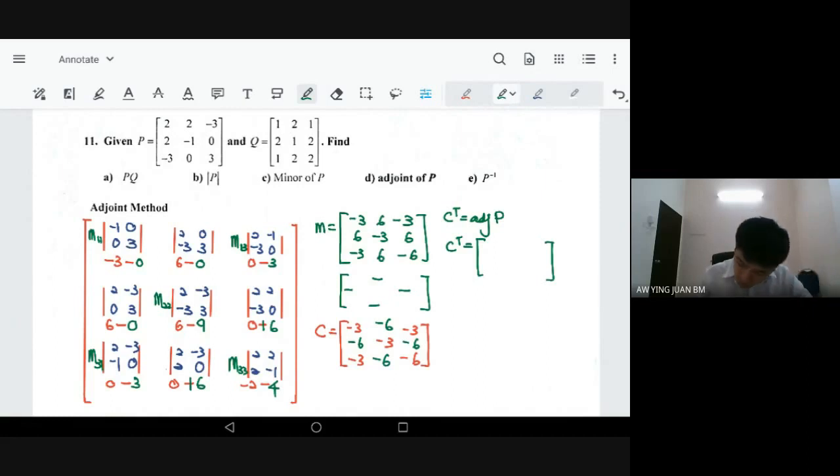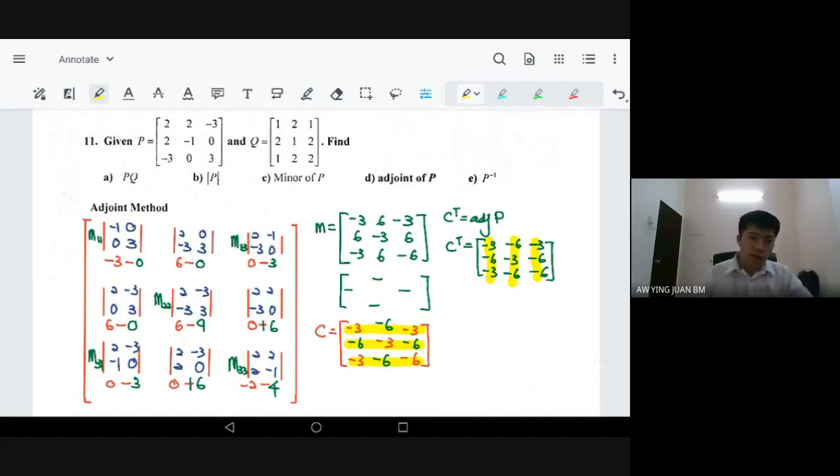Next we have negative 3, negative 6, negative 3, followed by negative 6, negative 3, and then negative 6. Finally, negative 3, negative 6, negative 6. So repeat, do remember, row becomes column. So that is the process of finding the adjoint of P.